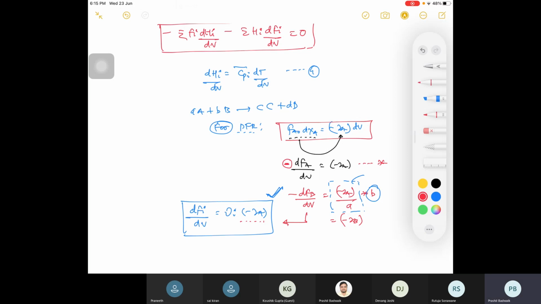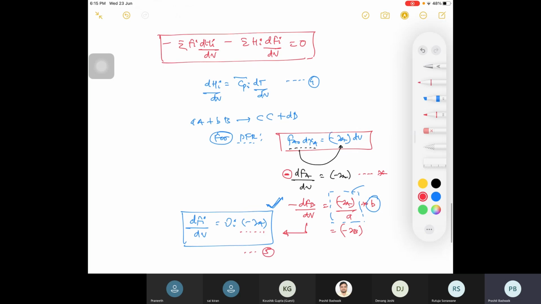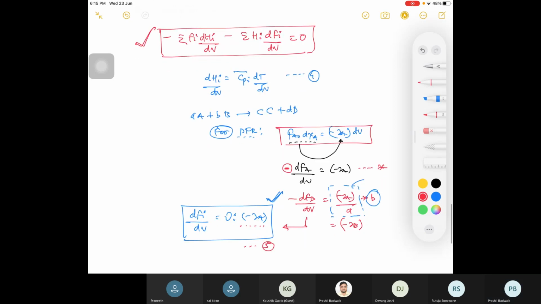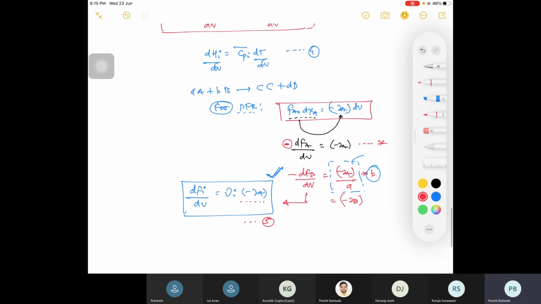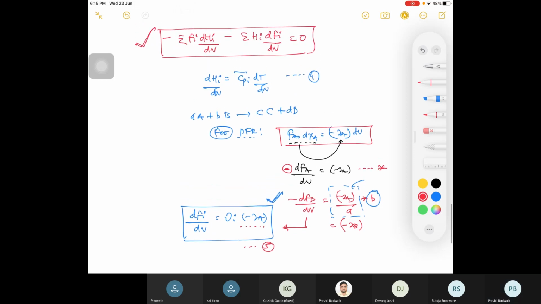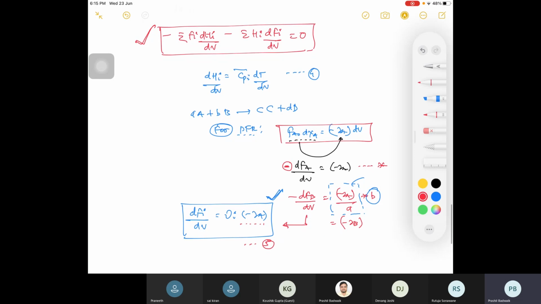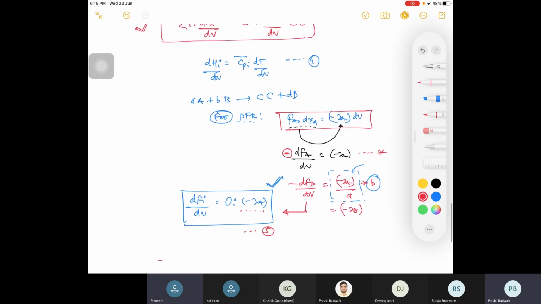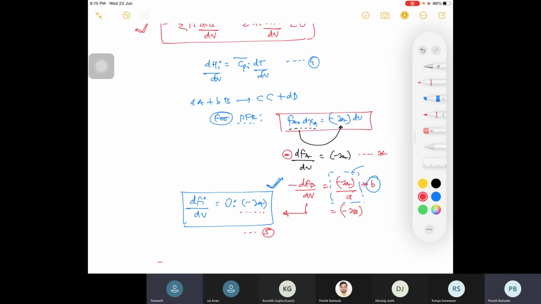This is your equation. Please substitute equation 4 and 5 here. You will be having Fi Cpi dT by dV with minus sign here. Vi into minus RA by A will be there, like limiting reagent.